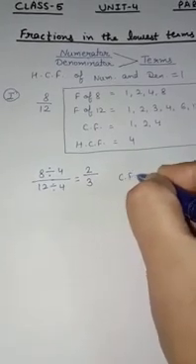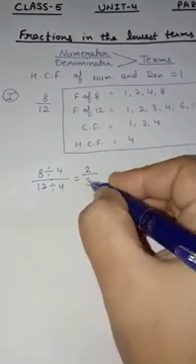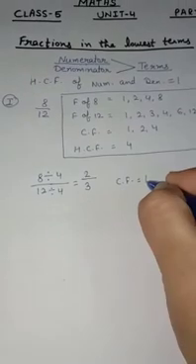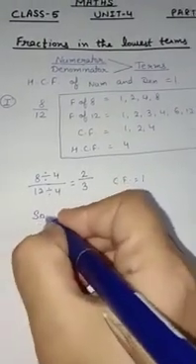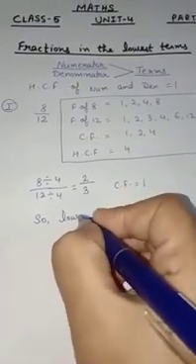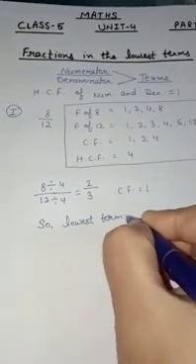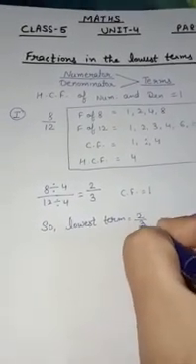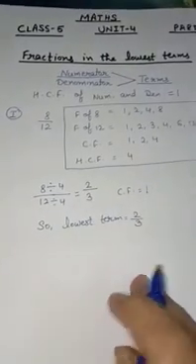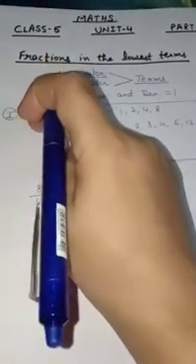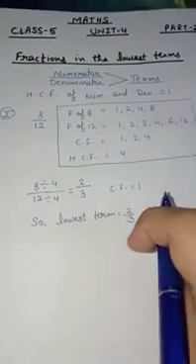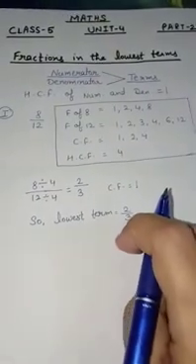Now the common factor of 2 and 3 is 1. So this 2 by 3 is the fraction in its lowest term. This is the first method. 8 by 12 is reduced to its lowest term, which is 2 by 3.